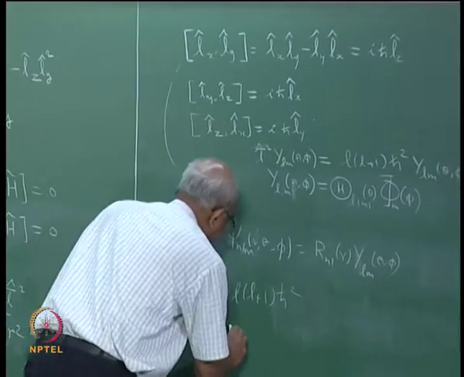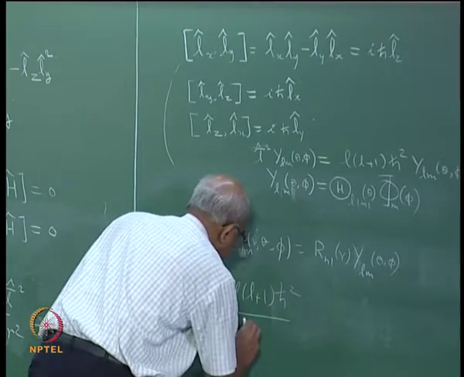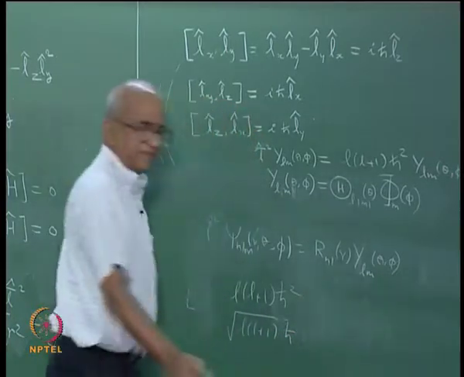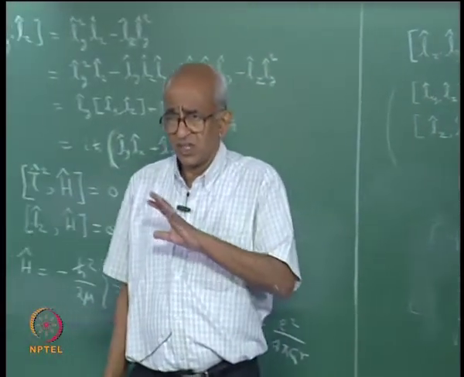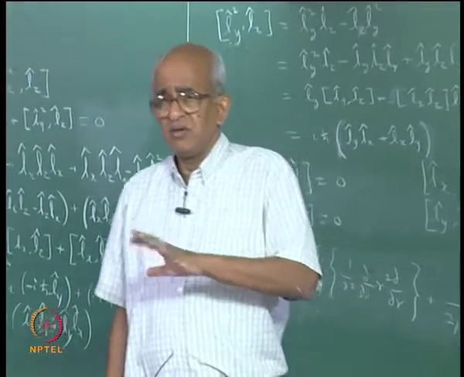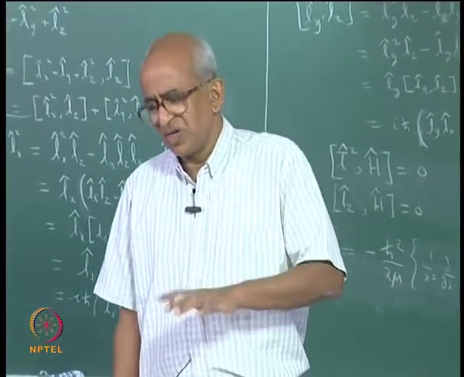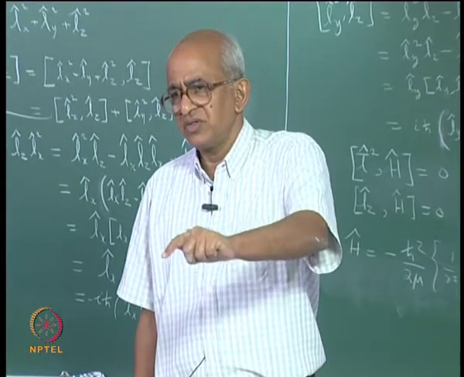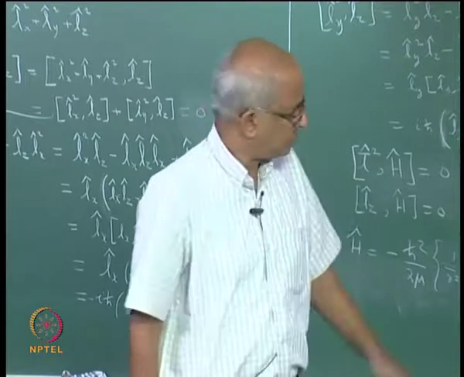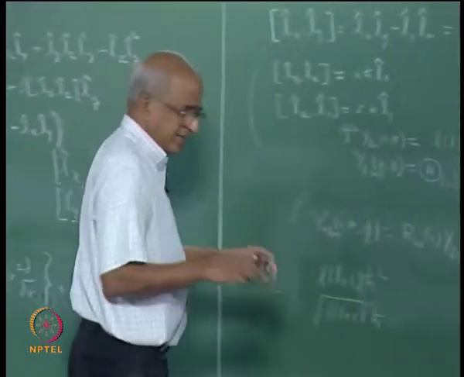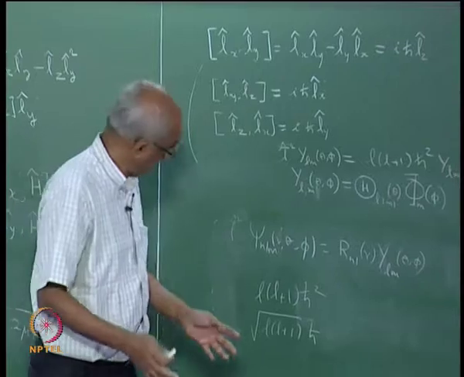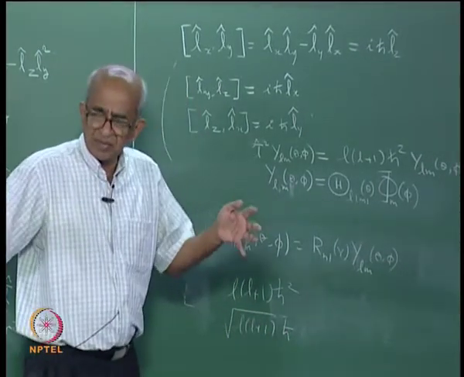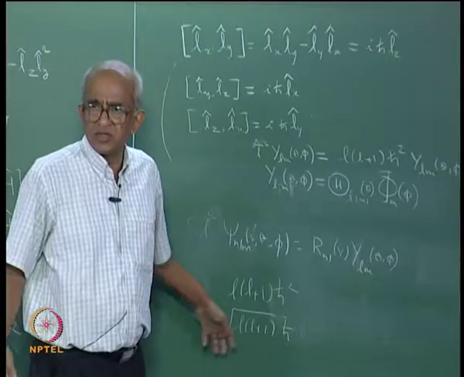Or you can say that the length of this vector is the square root of l(l+1) times ħ. I should not say only possibility, it is square root of l(l+1) ħ with l taking the values 0, 1, 2, 3, etc. So, for example, if you are in an s orbital, what will happen? l is 0 and the magnitude of the angular momentum vector would be equal to 0.